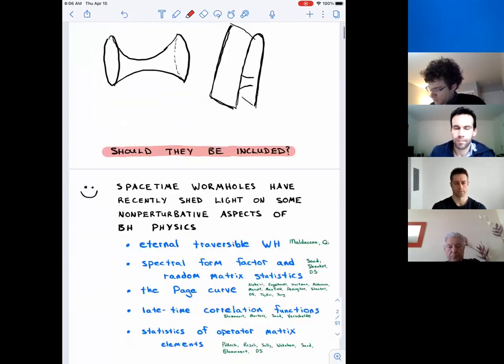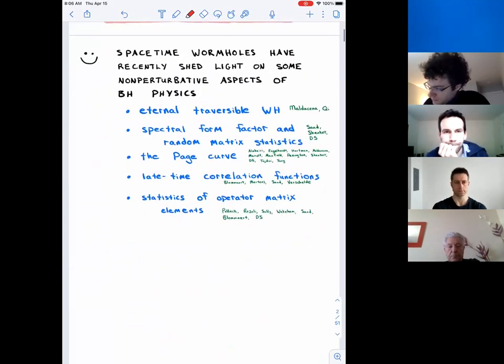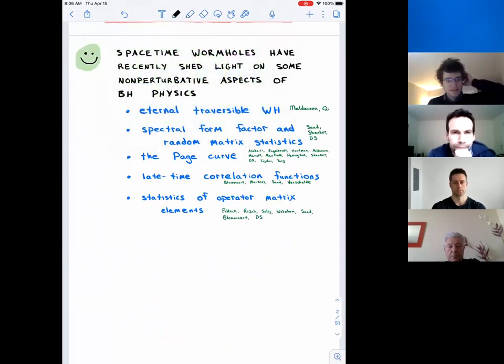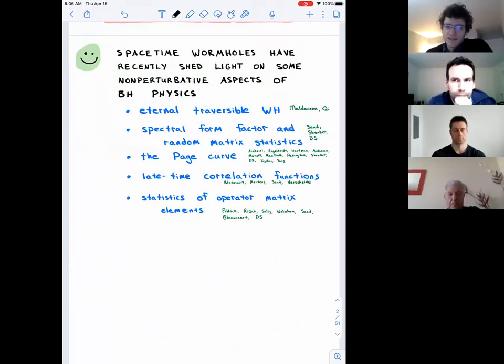The good thing is that in the last few years, including space-time wormholes in the gravitational path integral has shed some light on interesting non-perturbative aspects of black hole physics.